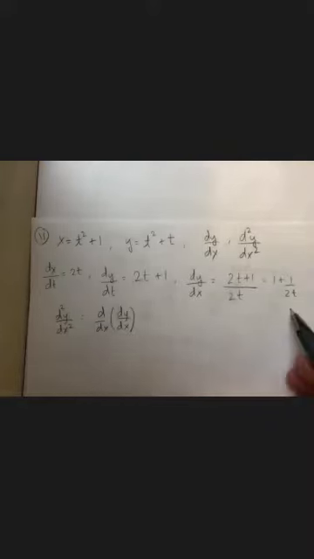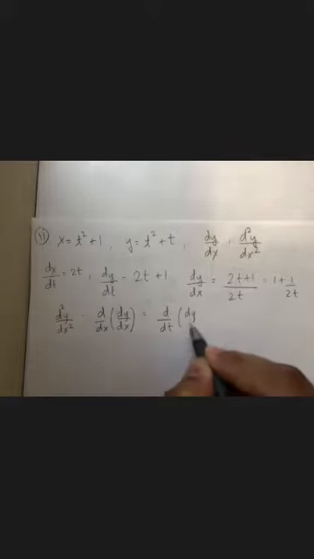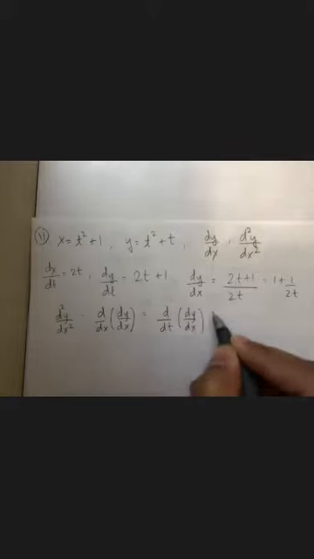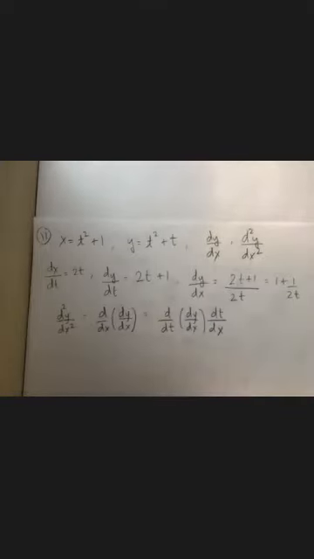But dy over dx is a function of t. So we write it as d dt. So you see it's just like multiplying dividing by dt.